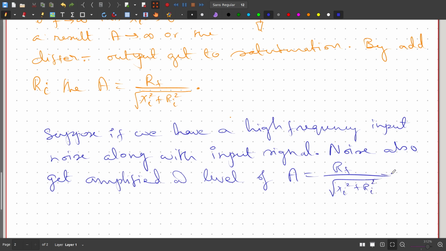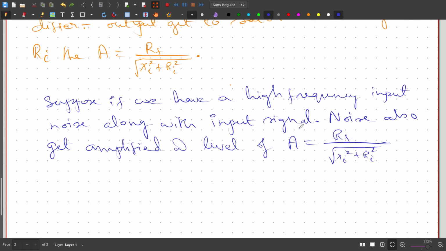In that way it distorts the differentiator output and makes it very erroneous.